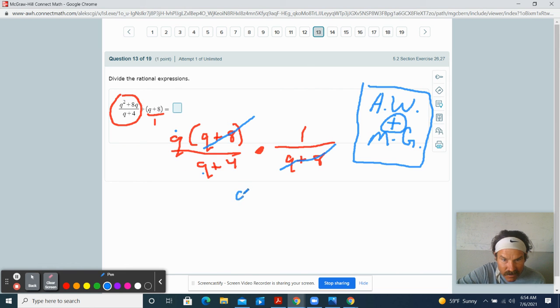That Q times this 1 is just Q. And then Q plus 4 is down below. A lot of people get a problem right, and then they cancel right here and they get the problem wrong. So don't cancel unless you have the same thing on top and bottom. You're going to put Q over Q plus 4.